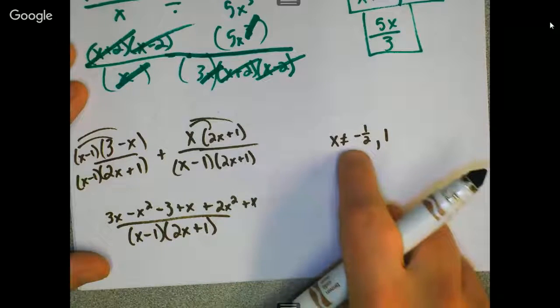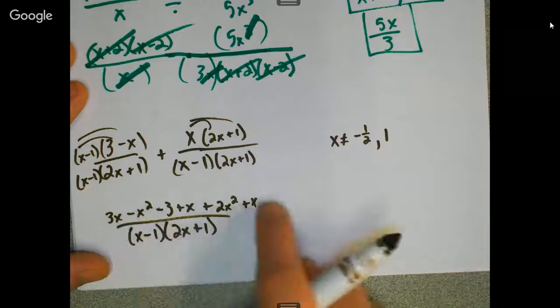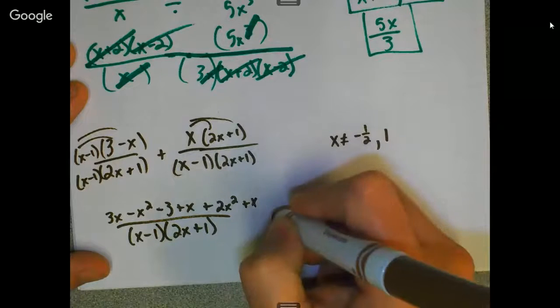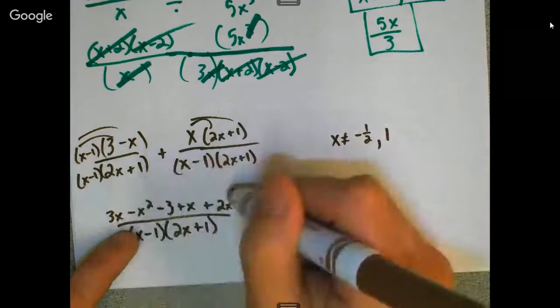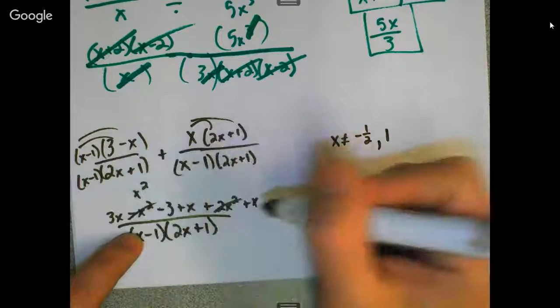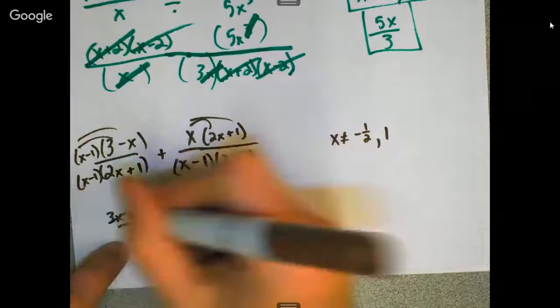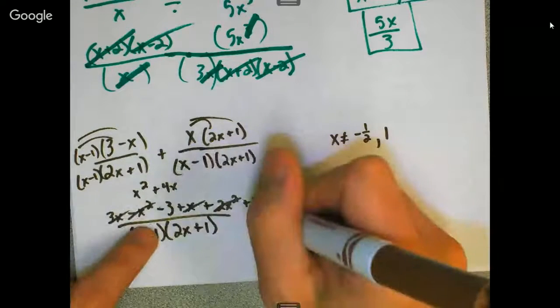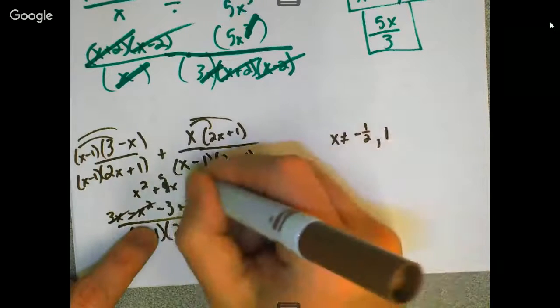Okay, notice nothing added to my restrictions. I got to combine like terms up here. So sometimes I just like to write it at the top. So you have x squared. You have 4x. Oh, sorry, that was a 5x. That's the one on here. Minus 3.